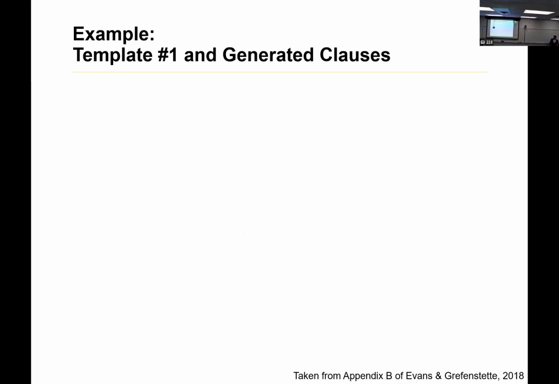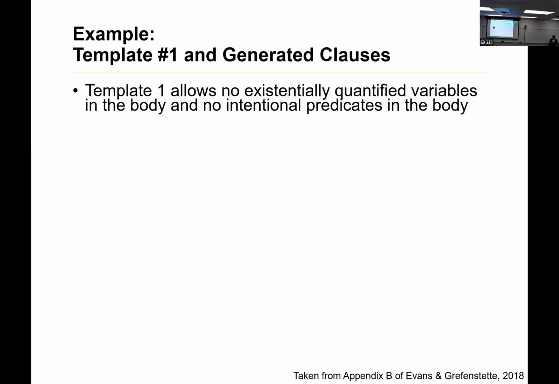So we're going to assume two templates, and here is template one. For the templates, they put different requirements in the paper. One of them is the number of existentially quantified variables in the body. This one will have none.